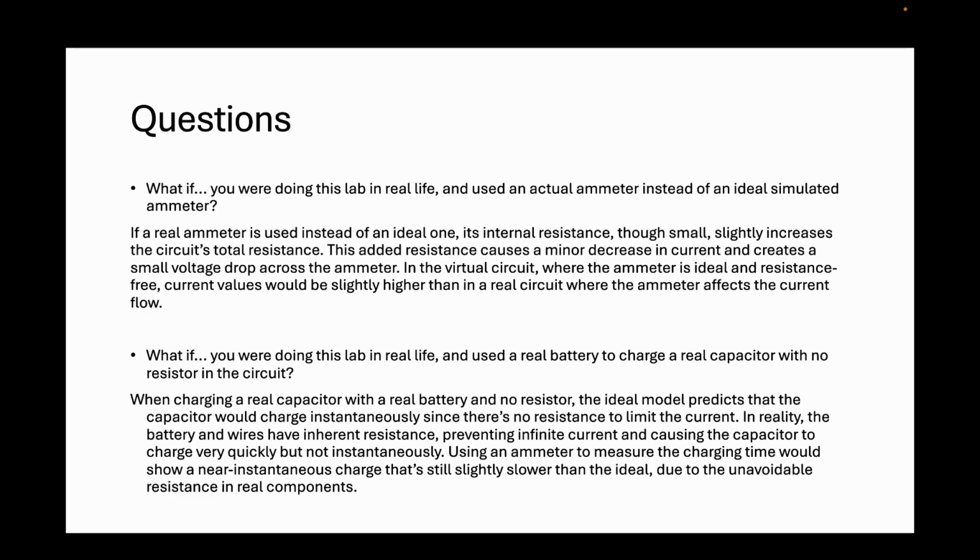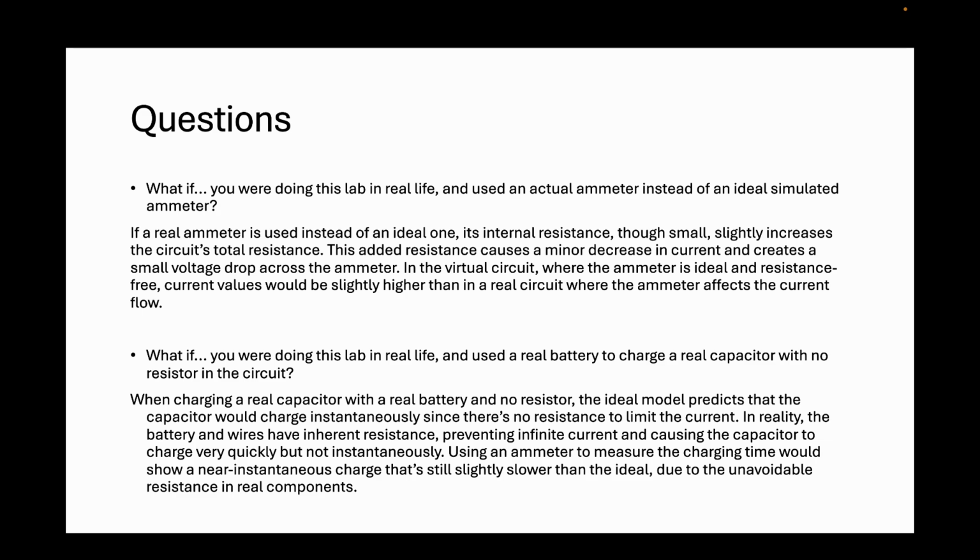And the last question is, what if we were doing this lab in real life and we used an actual battery to charge a real capacitor with no resistor? And when you're charging a real capacitor with no resistor, the ideal model predicts that the capacitor would charge instantly since there's no resistance at all.